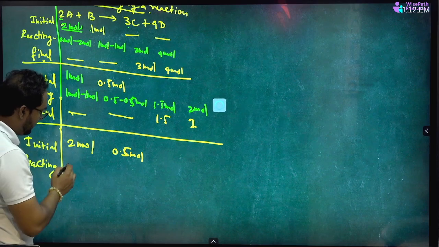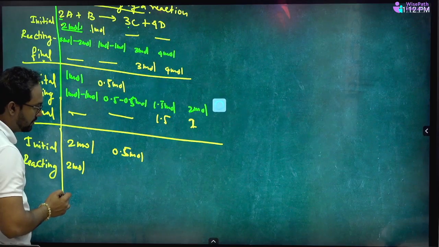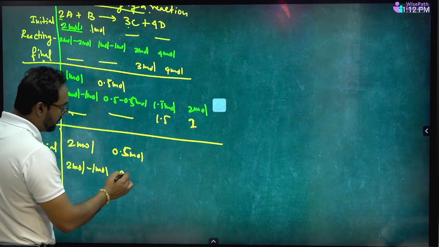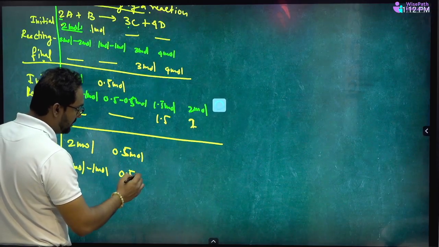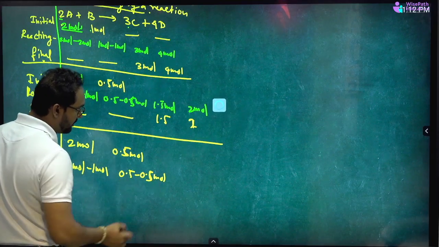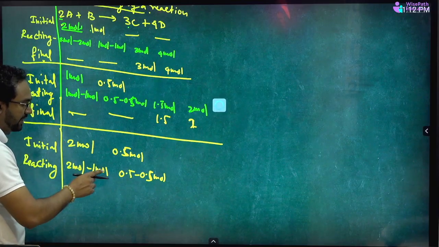So out of 2 moles, how much can react now? Only 1 mole can react, right? And out of this 0.5, 0.5 will completely react, because that's the limiting factor. Now, which one decides how much is produced?